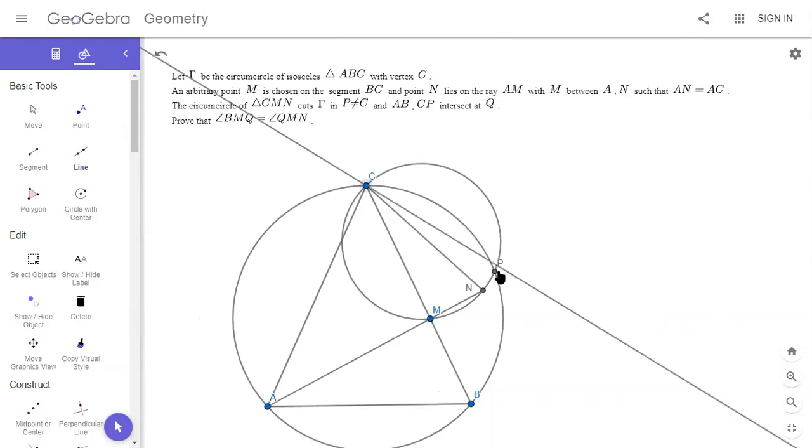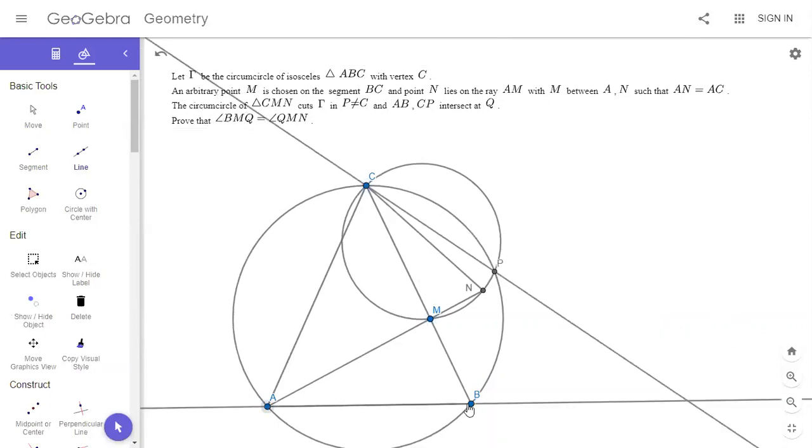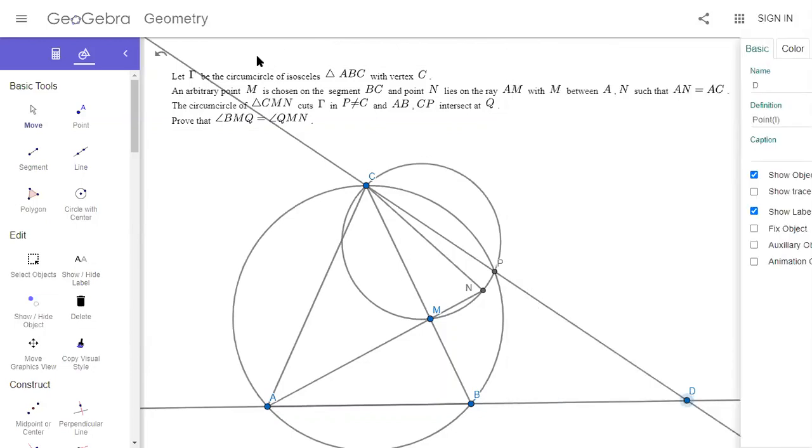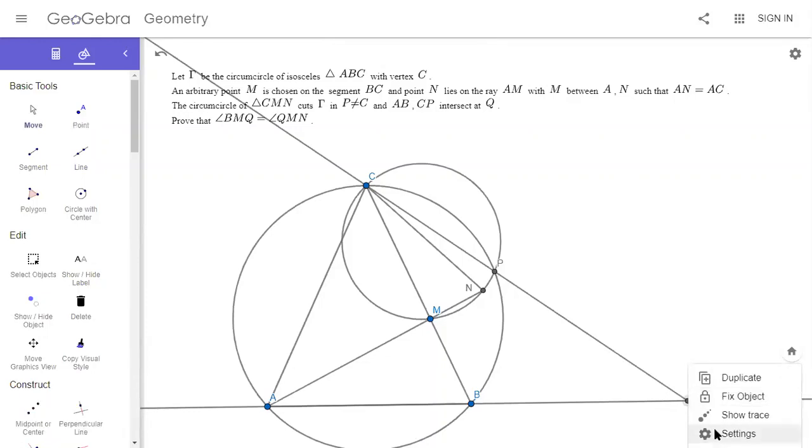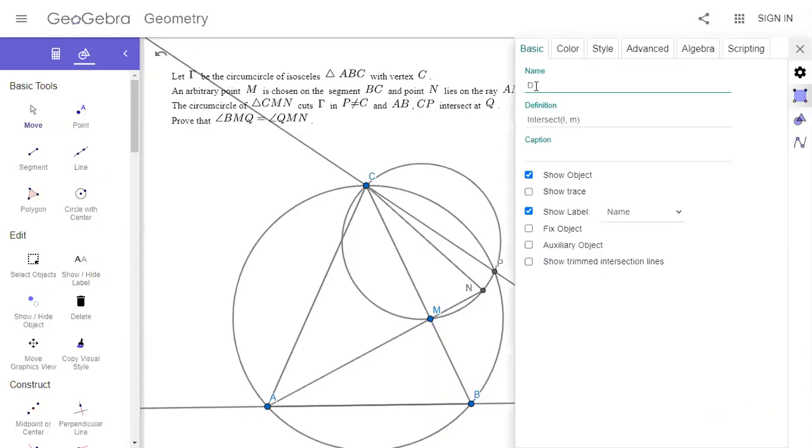AB and CP intersect at Q. I think it should turn gray instead of blue. There we go. Gray means it's a defined intersection point.